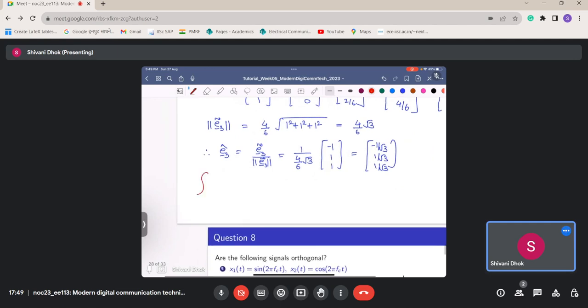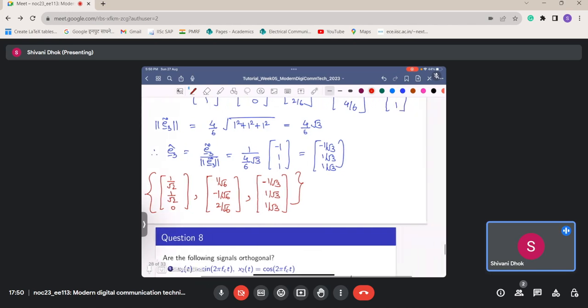Therefore the set of orthonormal vectors which we have obtained is (1 by root 2, 1 by root 2, 0), then (1 by root 6, minus 1 by root 6, 2 by root 6), and the last one is (minus 1 by root 3, 1 by root 3, 1 by root 3).